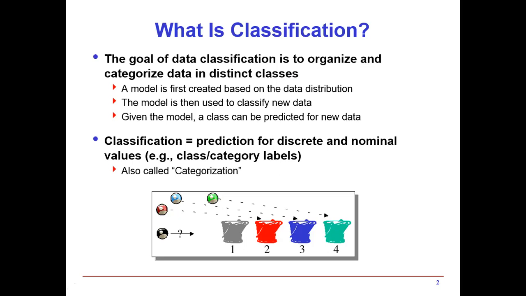We have to map the input data into output data, and that output data is discrete. If you look at the diagram, there are some balls and four buckets, so we can say there are four class labels. This is the output, with four different class labels, and these are the input data.